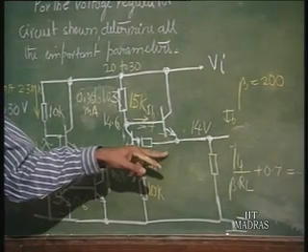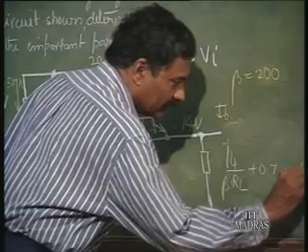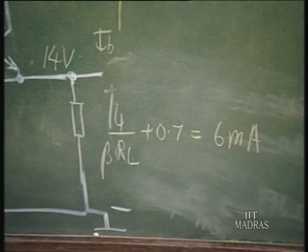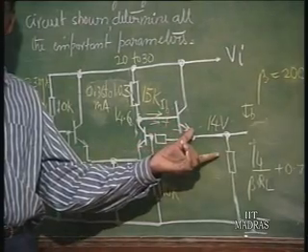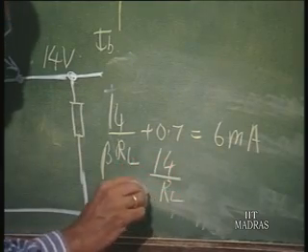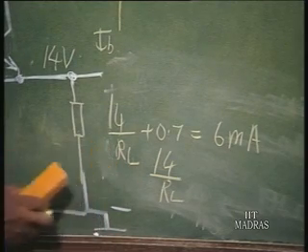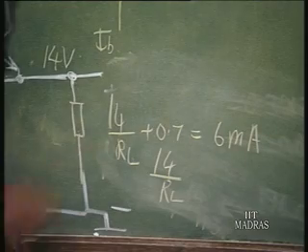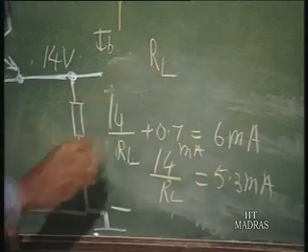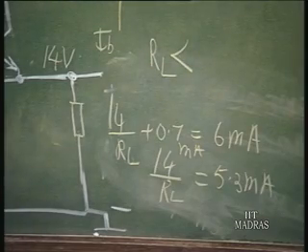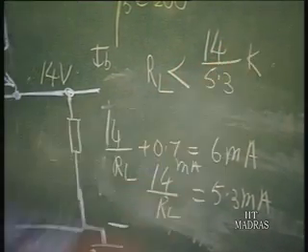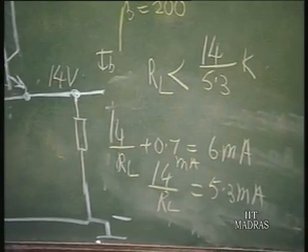So, this current at the limit is 6 milliamperes, the lowest value. So, 14 by RL plus 0.7 milliamperes is equal to 6 milliamperes, or this is 5.3 milliamperes, or RL should be less than 14 divided by 5.3 K, that is 2.64 kilo ohms.